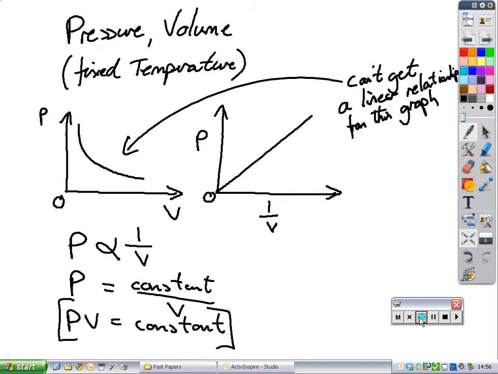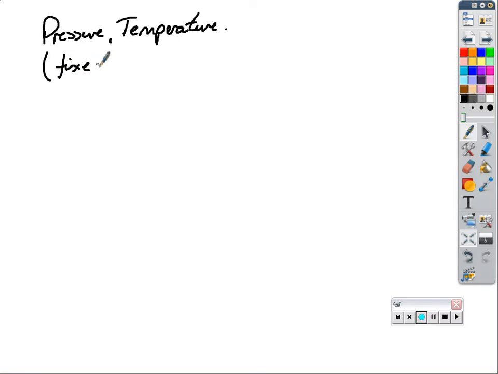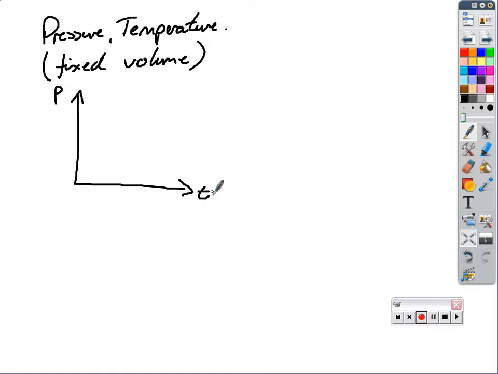Right, so next one we had was pressure, temperature, fixed volume. Now, a graph for that one looked like this. P against T. Okay, stop talking please.